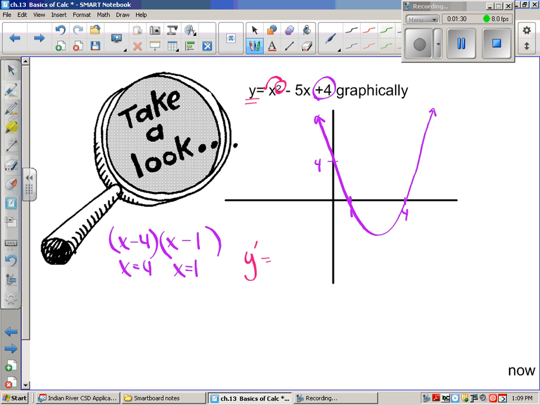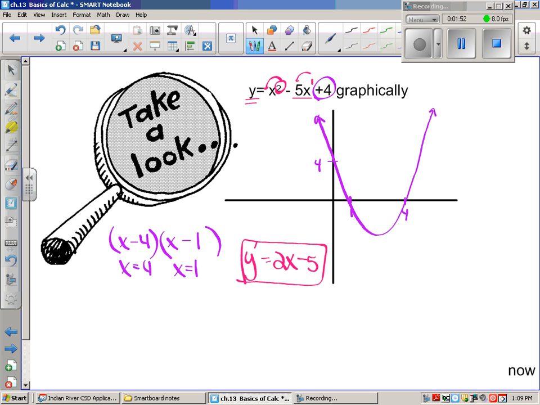The 2 would drop down in front, so 2x minus, and then the derivative of this next term, that 1 would drop down in front, making that minus 5. The x, of course, goes down to 0, or rather equal to 1. And the 4, the derivative of 4 is 0. And so the derivative equation would be 2x minus 5.